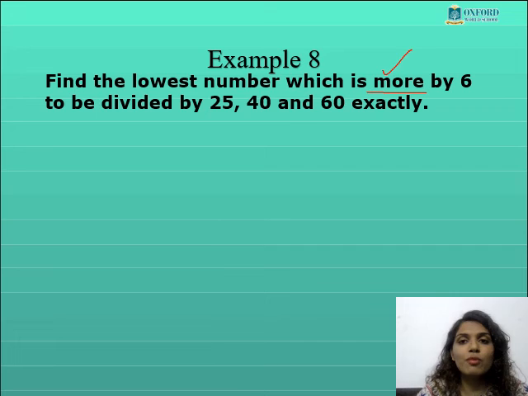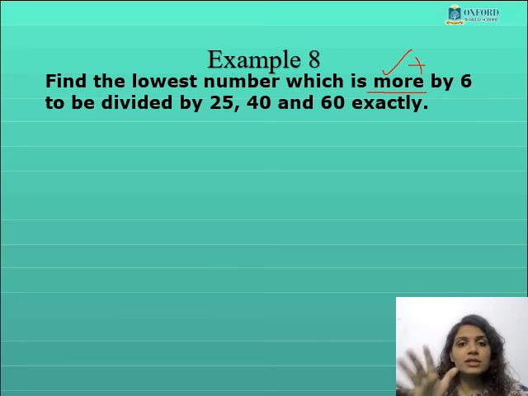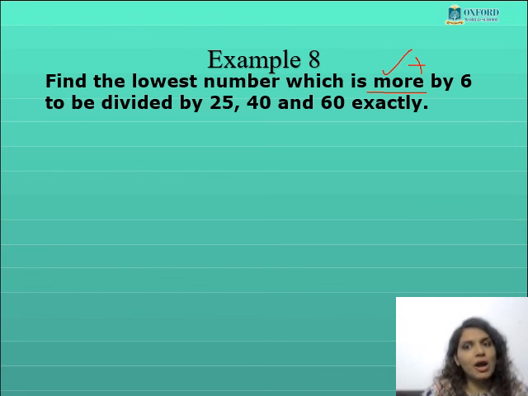So in case of more, obviously we are going to perform the addition at the end. Okay, pause your screen and solve it. I hope you have solved it. Now let me help you out with the correct solution.